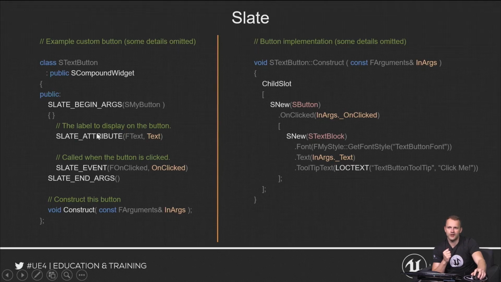And all this does is basically make it possible to expose fields like here on the right, OnClicked or .Font or .Text or .ToolTipText. Those are all Slate attributes, and these macros do nothing else but make these available here. So you can chain your entire UI declaration together in one single statement. And then at the bottom is just a declaration of the construct function which we implemented over here.